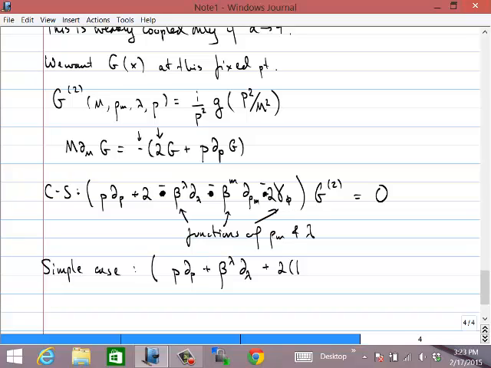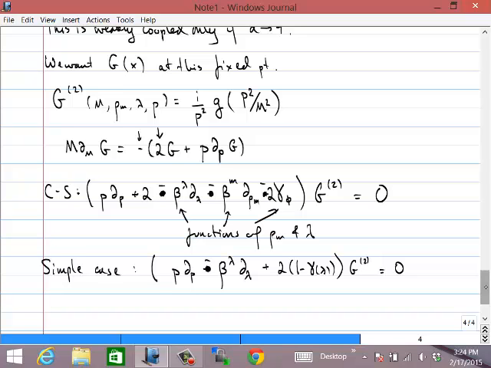So it's beta p d by dp minus beta d by d lambda plus 2 times 1 minus gamma of g2 is equal to 0. Okay. So I'm just neglecting that rho term for the time being, just to make the notation a little simpler.